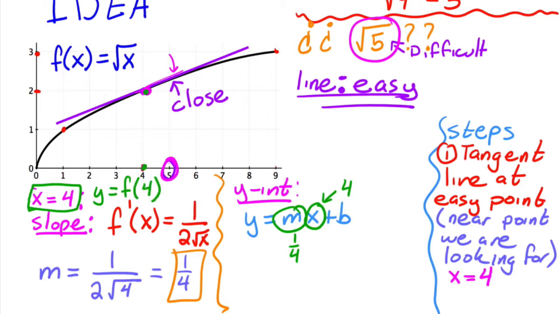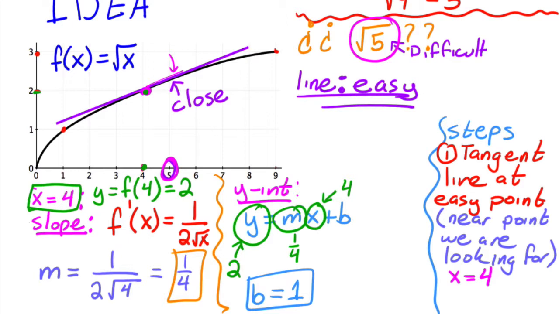If I plug in 4 into the function, I would get 2. So y is equal to 2. If I plug all that in and solve for b, I get that b is equal to 1. Well, that was easy, right?